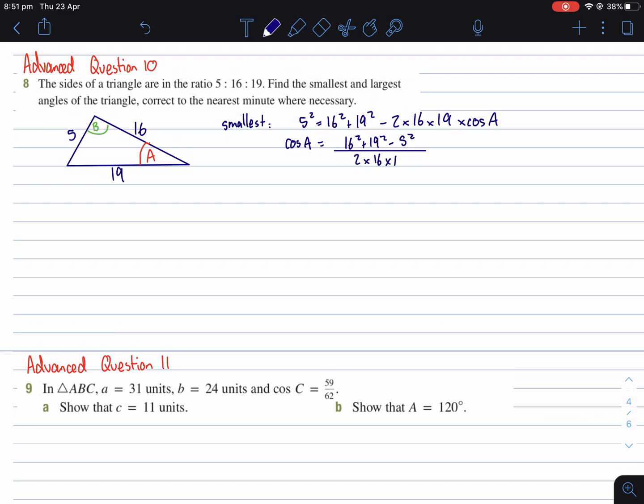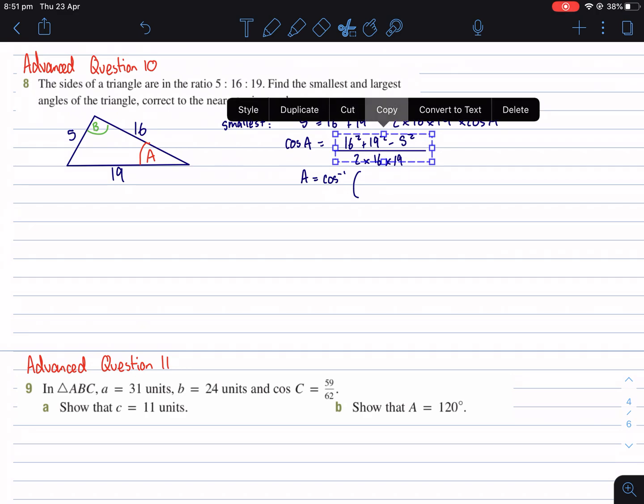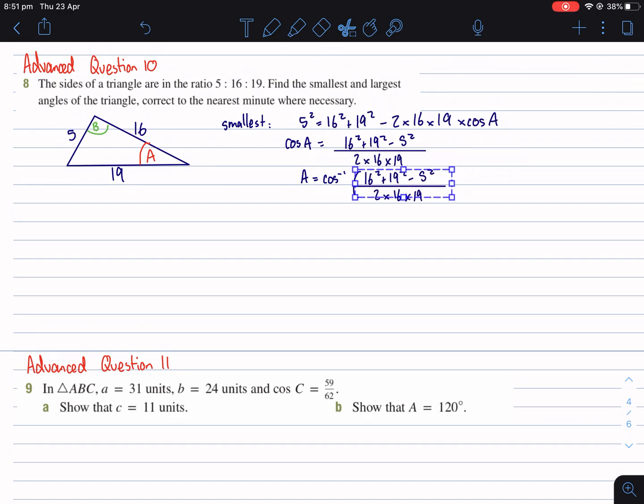Over 2 times 16 times 19, which means A equals the arc cos of this thing. And if you chuck that in your calculator, 16 squared plus 19 squared, take 5 squared over 2 times 16 times 19, 13.17 degrees.